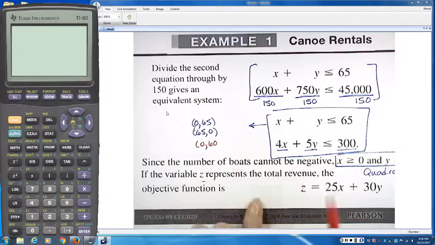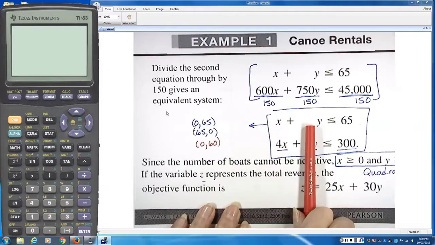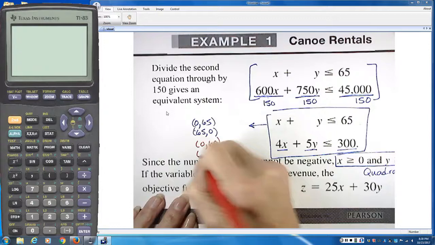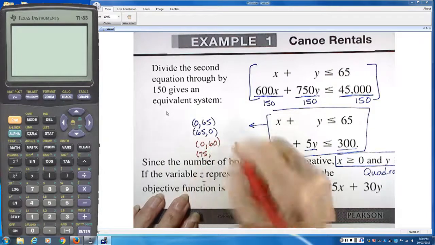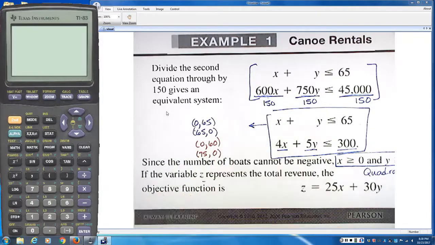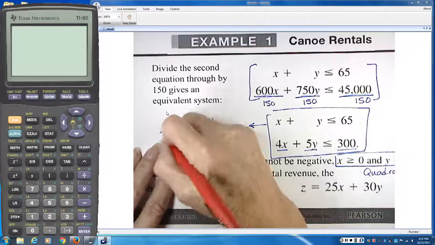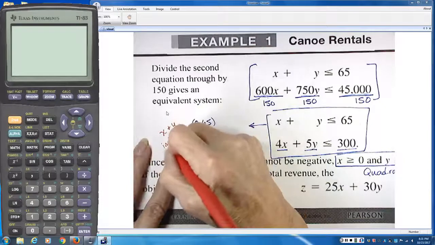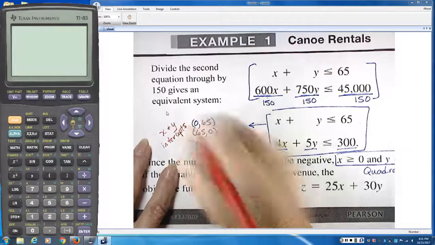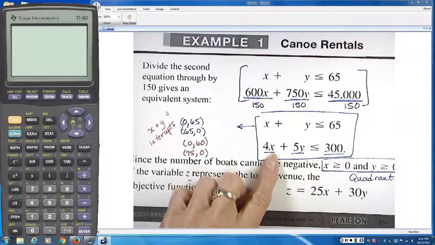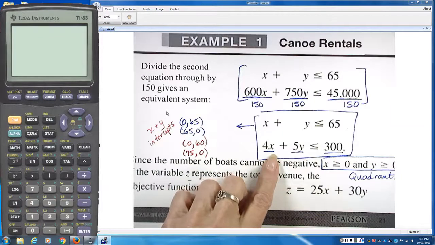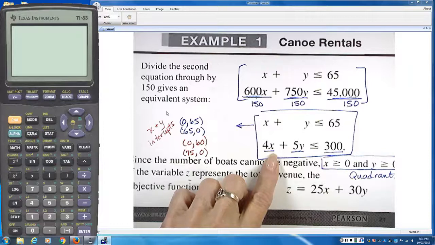And if we let y be 0, then 4x is equal to 300, and 4 goes into 300 75 times. So there's our x and y intercepts. Some of those are going to be corner points. And while I'm still looking at this, I also need to find where these are going to intersect, because that's also almost without a doubt going to be a corner point.